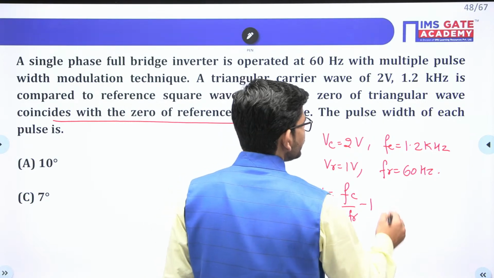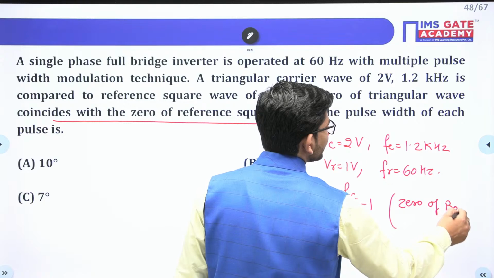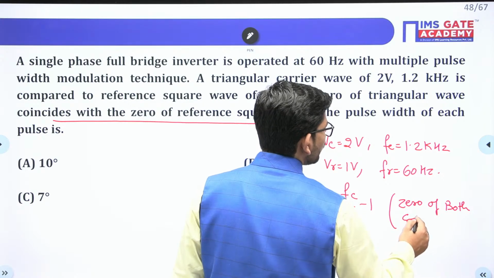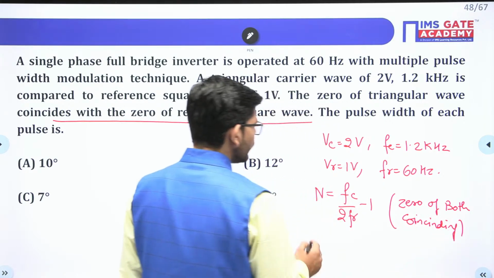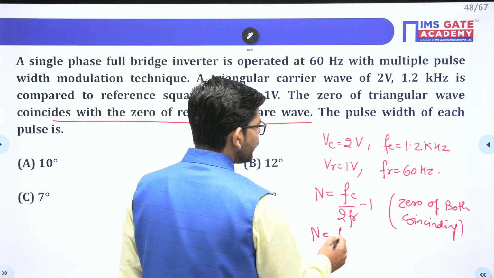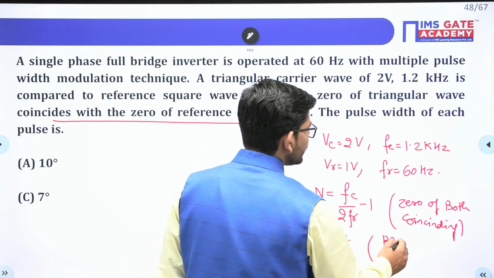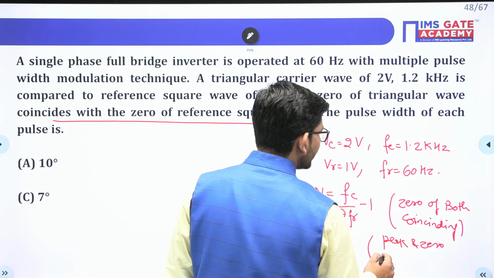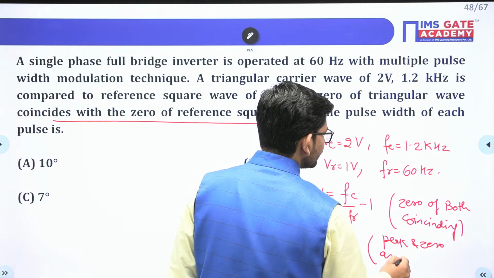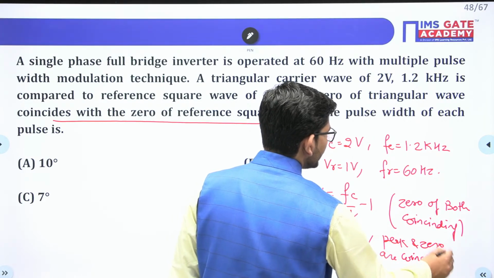When zero of both are coinciding, we will use this formula. If suppose the peak and zero of reference are coinciding, then we will use a different formula.